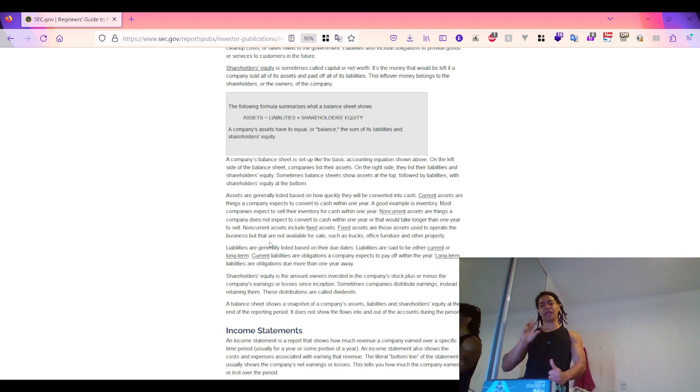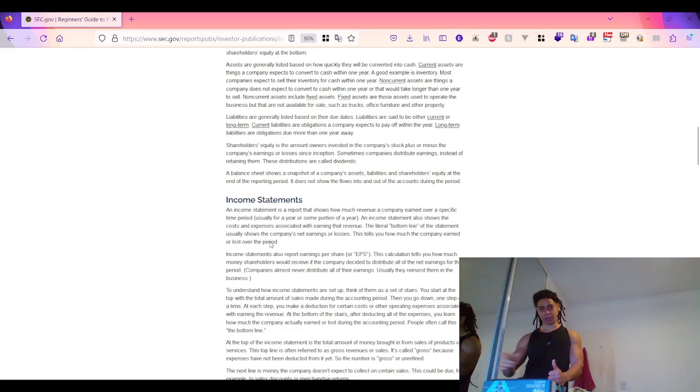Then I look at the second financial statement, which is the income statement. It shows how much a company spends or makes to produce its goods or services. You can think of this as a set of stairs: you start at the top with the total amount of revenue, and once you go down one step at a time, you make a deduction associated with that revenue.